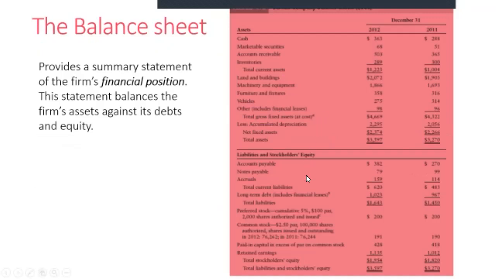And you scroll down, you get the current liability of 1,643. So it will be 1,223 divided by 1,643 for 2012. For 2011, it will be 1,004 divided by 1,450.